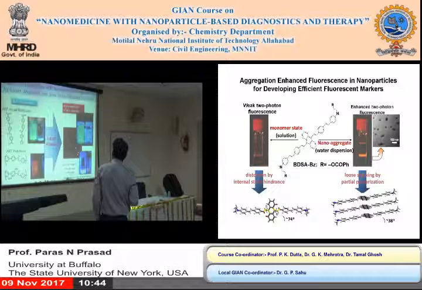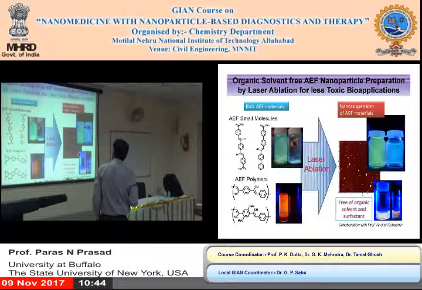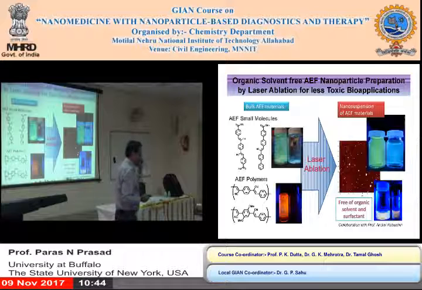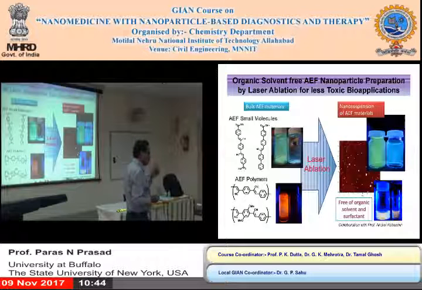So one of the ways we have done, look here, these are some of the molecules where we also show aggregation enhancement, and we can either use a small molecule or put them in a polymer structure. One method is to make nanoparticles through this chemistry, or dope them.